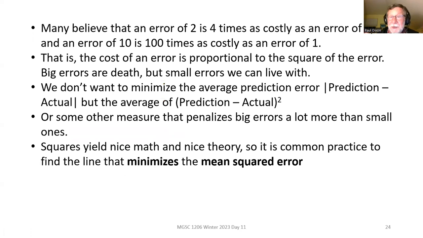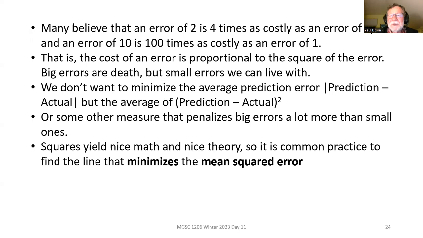Don't ask me what the right curve is. I don't know. I just know that I want to put bigger penalties on big errors, really big penalties on them compared to small ones. So what we're going to do is look at squaring the error, because mathematicians like squares.